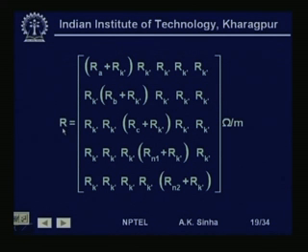Here the matrix R is a 5 by 5 matrix, and this is represented by, for R_AA, R_A plus R_K dash, where R_A is the resistance for conductor A, plus R_K dash is the resistance for the image conductor, which is below A. Then we have R_K dash for the other 4.